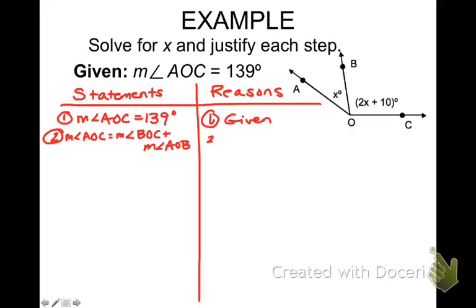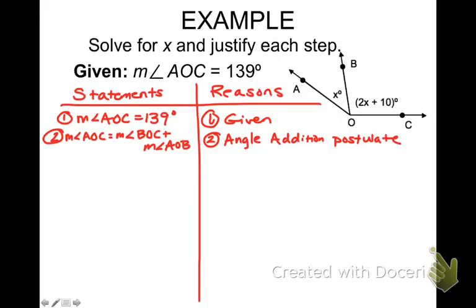What would be my reason on this side? Angle addition postulate. I am not going to be so picky if you remember that it's a postulate. If you just write property, I'll be happy. But you should try to remember that it's postulate.